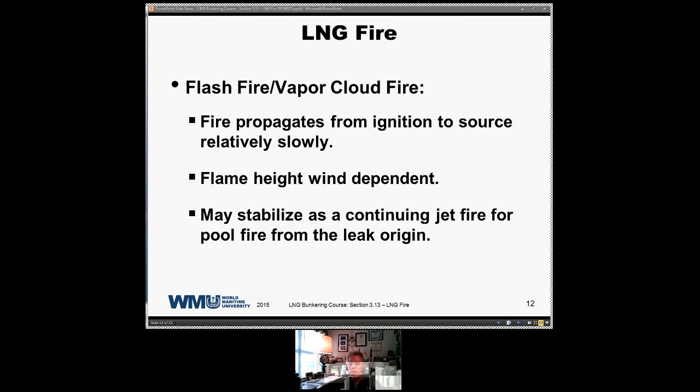If this is within the confines of a terminal operation, you're going to have berms set up so that if you ever do have a liquid leak, you contain that liquid area.